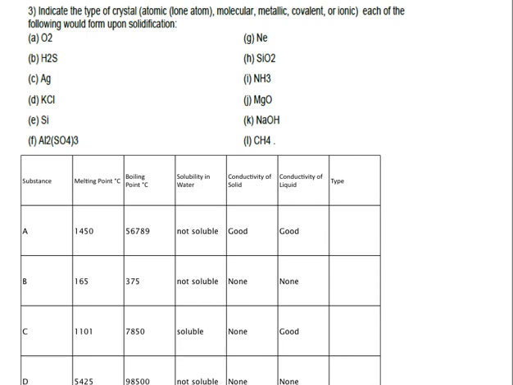So we're going to go through and just put each in the category it belongs. What column on that previous chart would you put them in? O2? Nope. Lone atom. H2S. Molecular or covalent? Yeah, molecular. Ag. No. It's metallic. KCl. Ionic. Si. Covalent network.